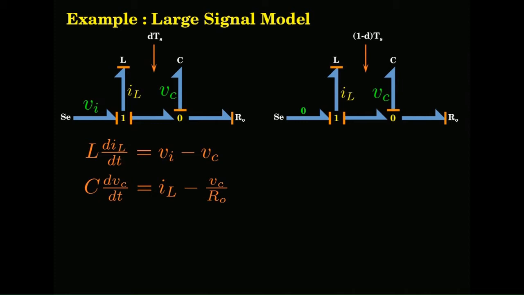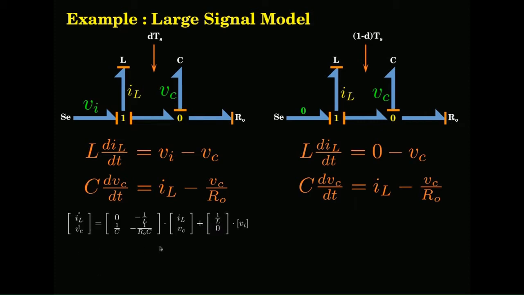dTs is concerned. Now, the same thing holds here, except that instead of Vi it is 0. So, 0 minus Vc, and the other equation is identical, IL minus Vc by R naught. These are the two equations, and if you put them into matrix form, you will see that this is the matrix equation in the form x dot is equal to Ax plus Bu.